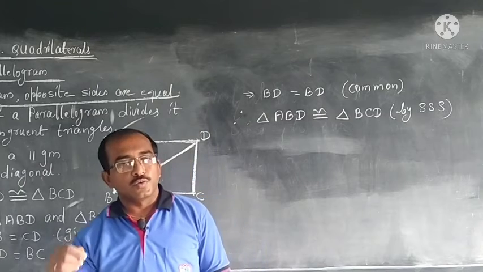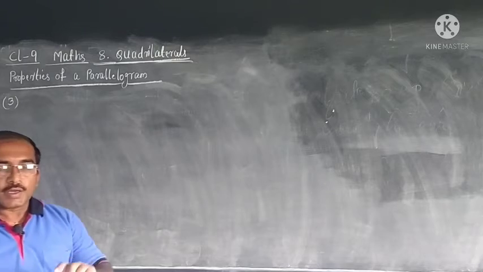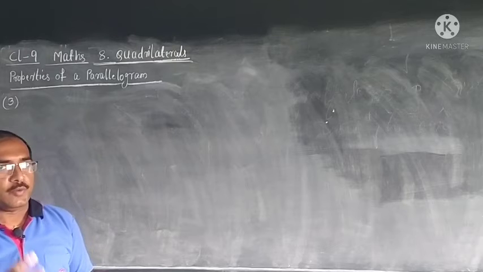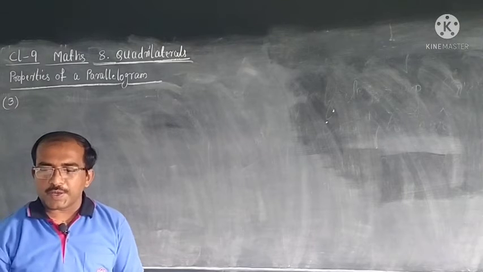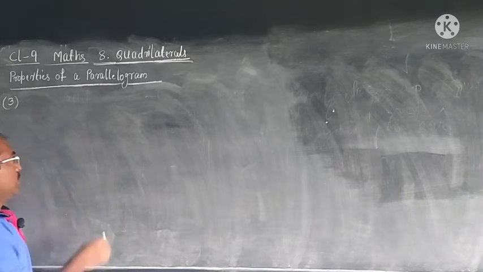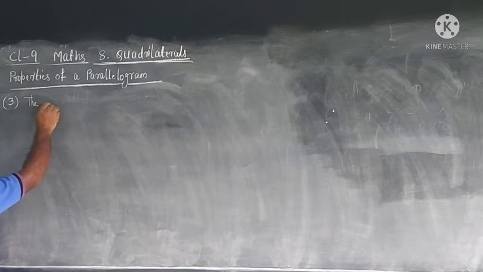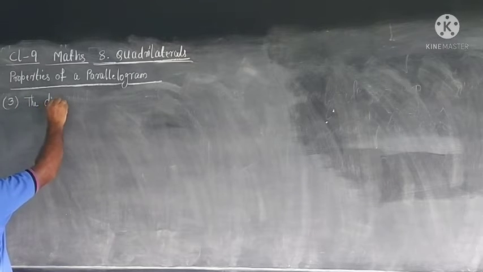Let us see another property. Another property of a parallelogram: the diagonals of a parallelogram bisect each other. We need to remember all the properties.